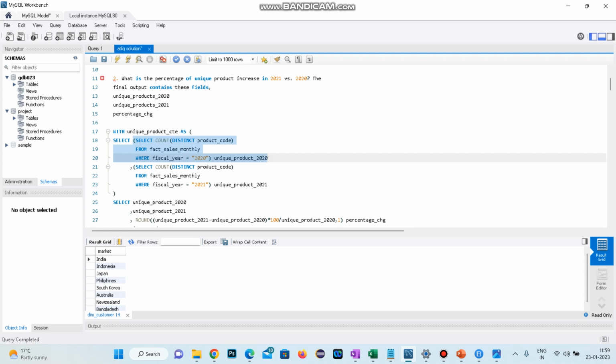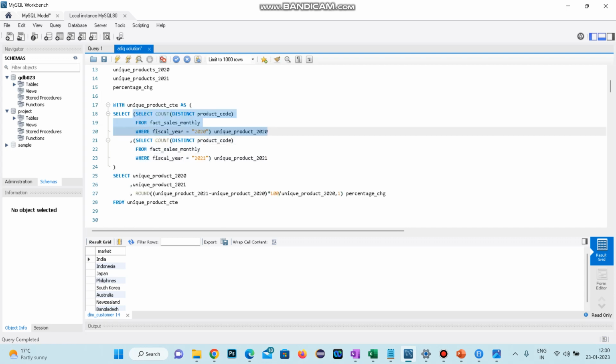We have also used distinct so that we get a distinct product list and product count, and after that we use a select statement to query the required columns.